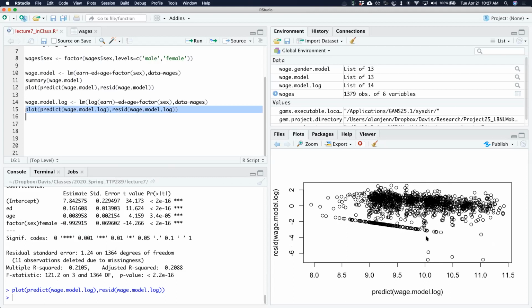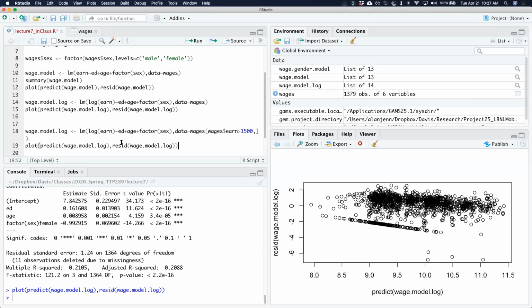I won't get too much into this, but you can dig around and look at some of the data and see what's inappropriate. What ends up happening is you get some issue with really low wage earners essentially biasing the model.